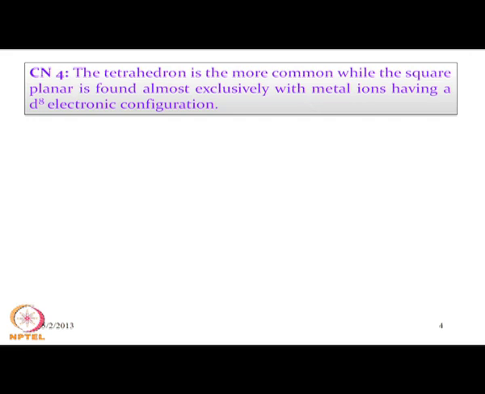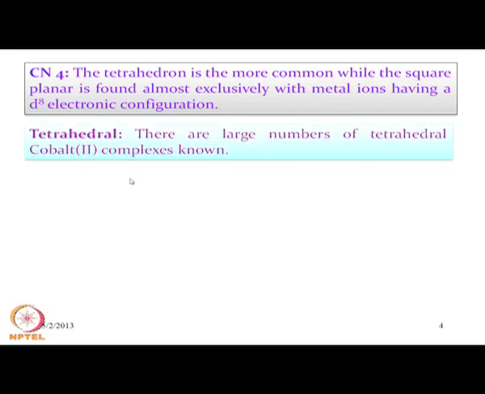So, if we have a d8 electronic configuration, we think we can have the square planar geometry. The other alternative is the tetrahedral geometry, and in the case of cobalt we can have a large number of tetrahedral cobalt 2 complexes.